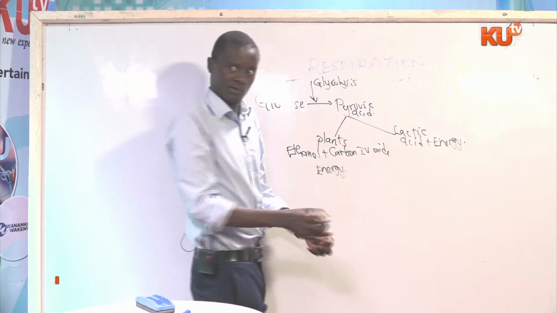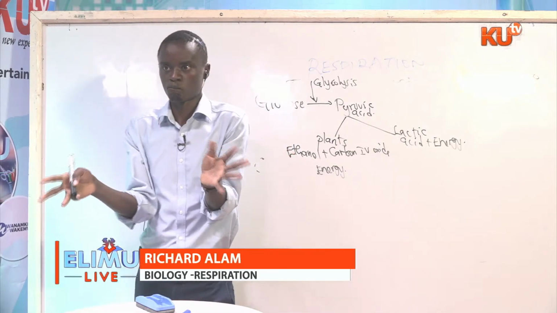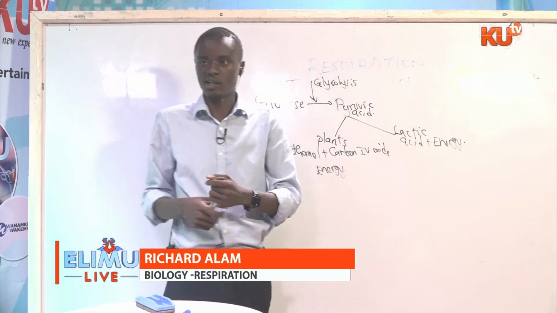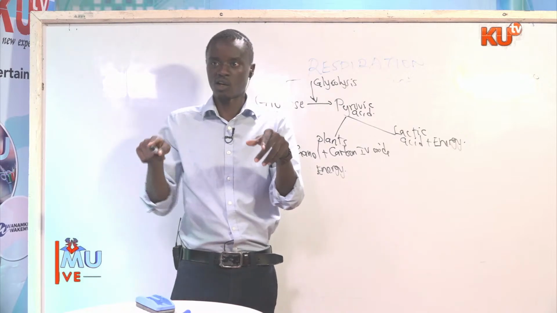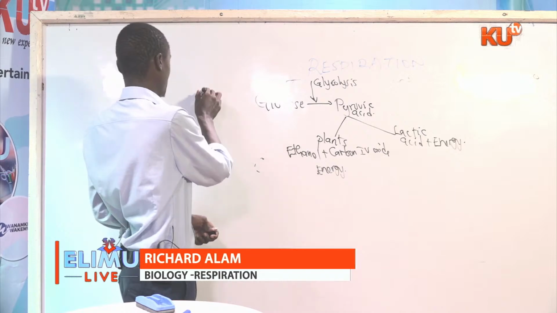Now, from here, as a student, you should be able to understand that you can be asked, name the end products of anaerobic respiration in plants.